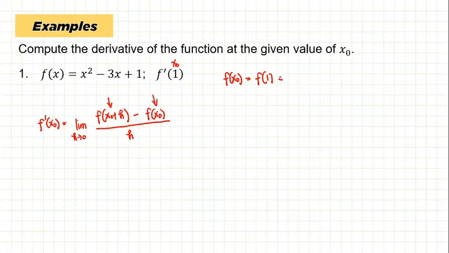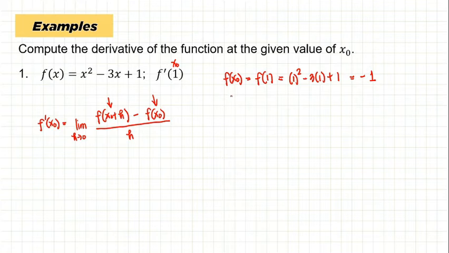So we will just substitute 1 to the x's in our function. So we will have 1 squared minus 3 times 1 plus 1, and this is just equal to negative 1, right? So from that, we already have f of x sub o equal to negative 1.